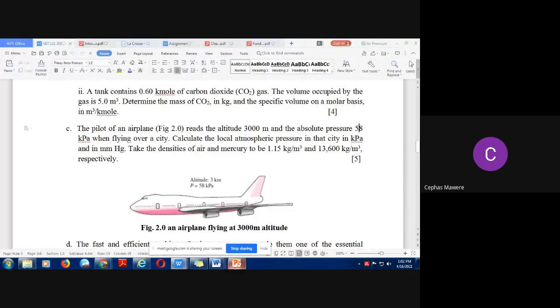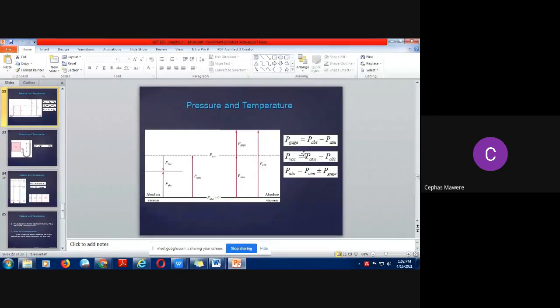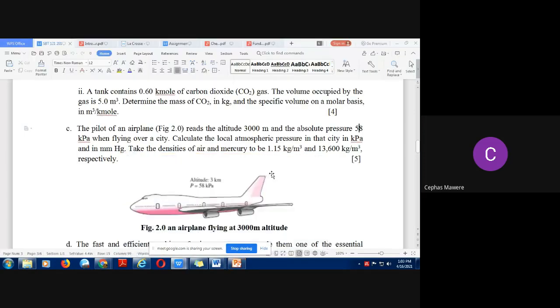So gauge pressure is equal to absolute pressure minus atmospheric pressure. And now that we want to determine the atmospheric pressure, we make atmospheric pressure the subject of the formula. P atmosphere is equal to absolute pressure minus gauge pressure. Based on the scenario that we have here, we have the absolute pressure and we are supposed to calculate the atmospheric pressure.